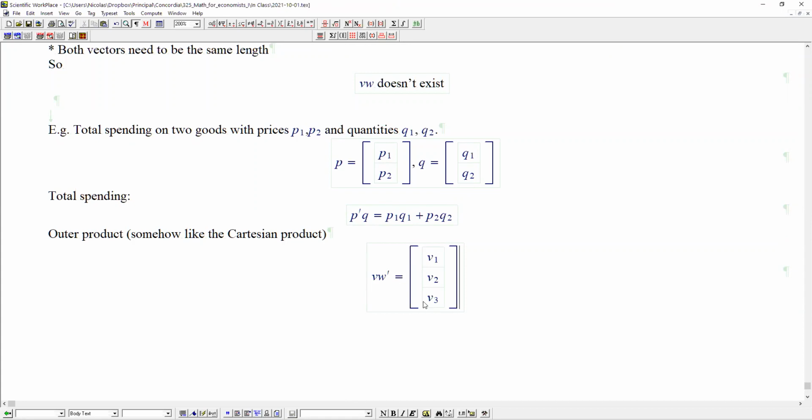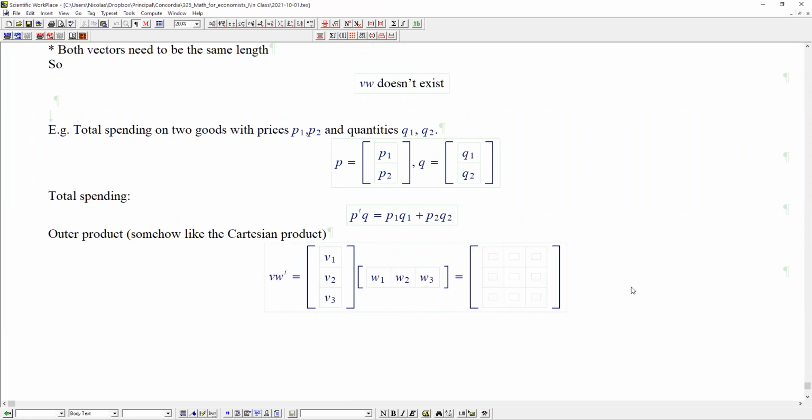But now I multiply it with W prime, which is now not a column vector, but a row vector, or a 1 by 3 matrix: W1, W2, W3. And here, what do I get? I get not a number, but a matrix, a 3 by 3 matrix with all the possible combinations of both.